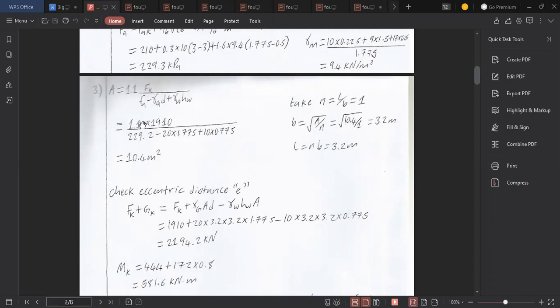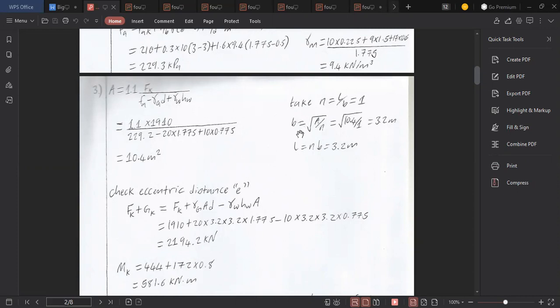After, if you use this formula, what you're going to find is the area. For that area, you choose the ratio you want between your L and your B. In the case of a rectangle, it would be some other number, usually 2. But because she wanted it to be a square, the ratio of L divided by B is 1.